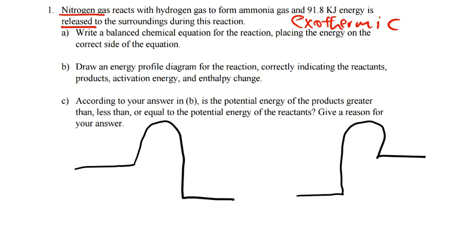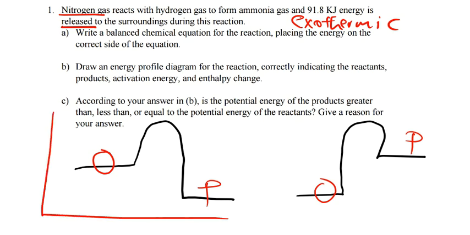One thing that you need to understand is this indicates the reactants, this indicates the products, and on the y-axis you're talking about the energy. This implies a reduction in energy, which is exothermic. This is endothermic, an increase in energy. Okay, that's simple to understand.